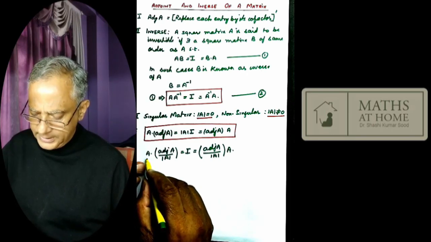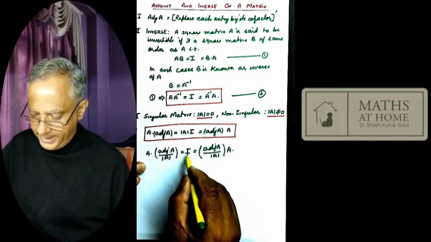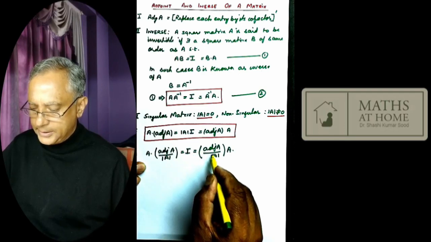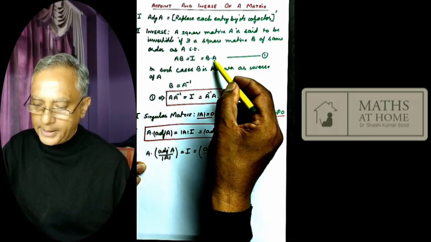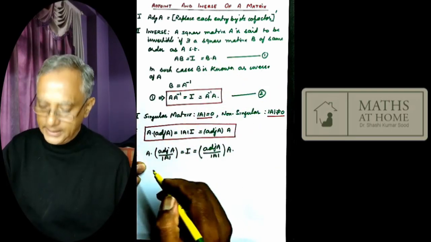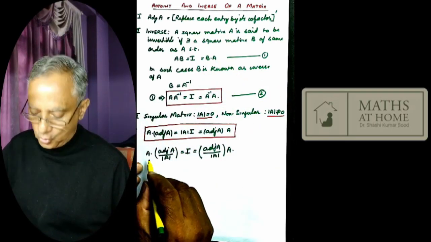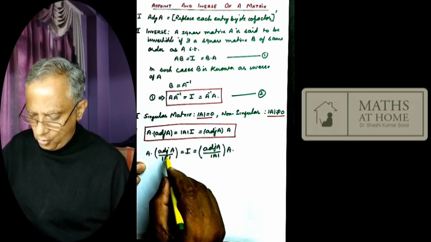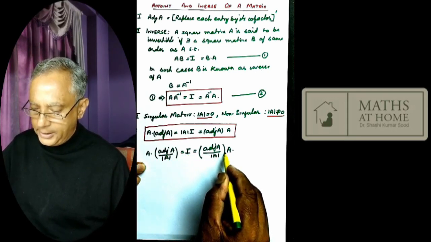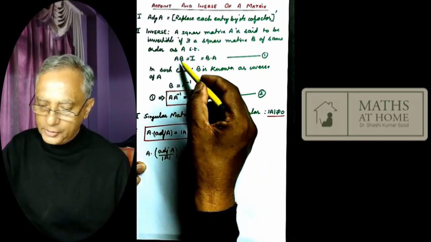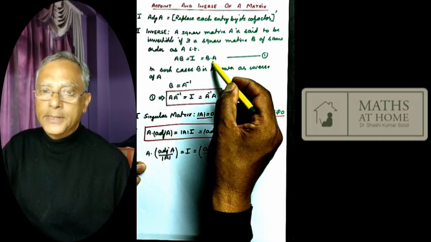So what we notice is A into B is equal to I is equal to B into A. That is, this property is satisfied.